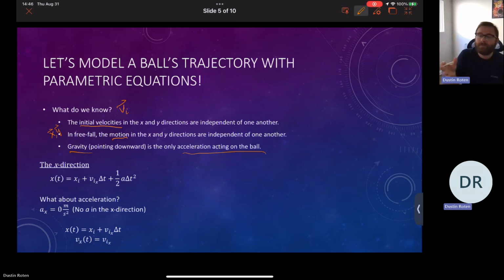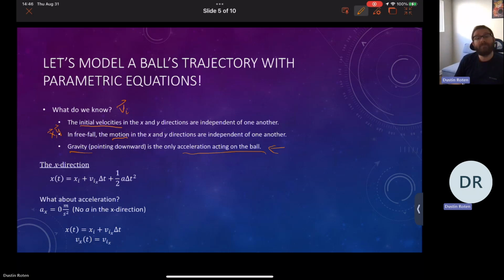Now, you'll remember from previously, when we talked about the acceleration right here, the third bullet point, acceleration pointed down, that's only in the vertical. So there's no acceleration in the horizontal during parabolic motion like this, during a projectile motion problem.